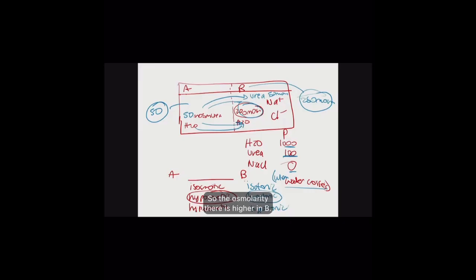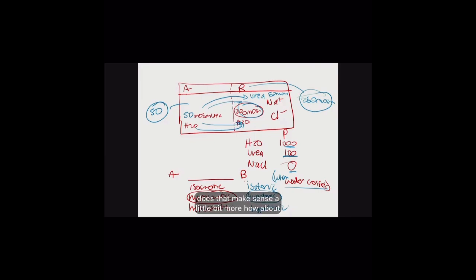So the osmolarity is higher in B. Water is going to move to the compartment with the higher osmolarity. So water keeps moving from A to B, right? That means that, in the case of this question, A is hypotonic to B.